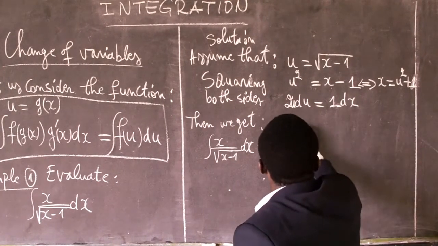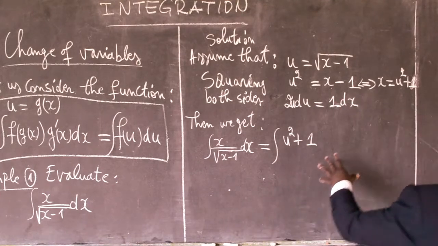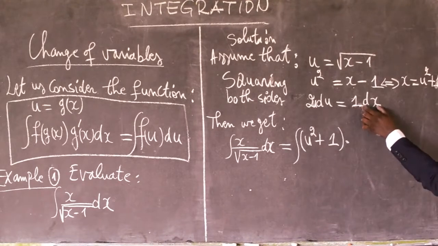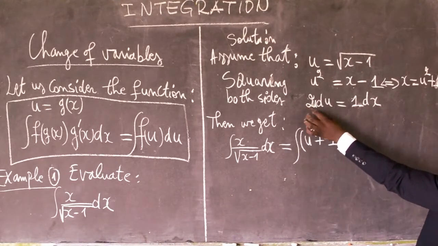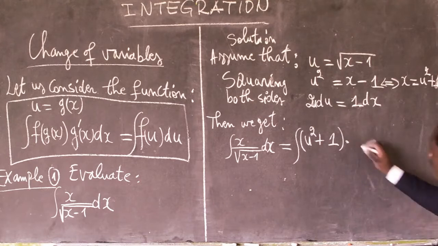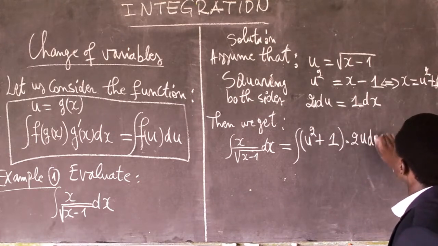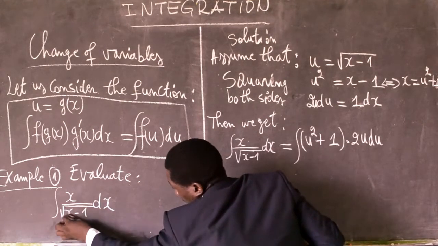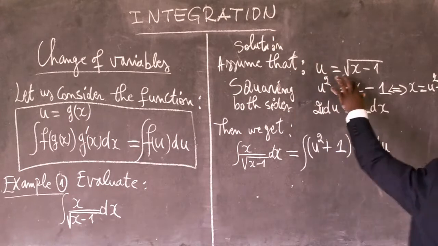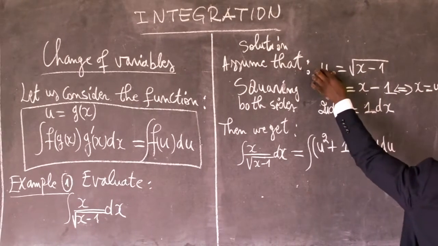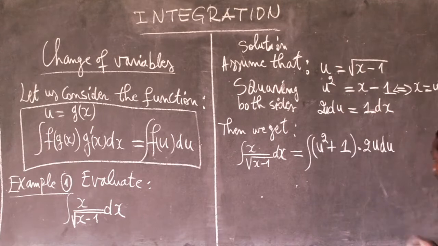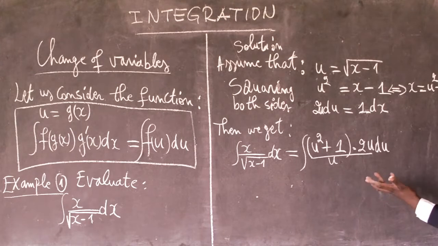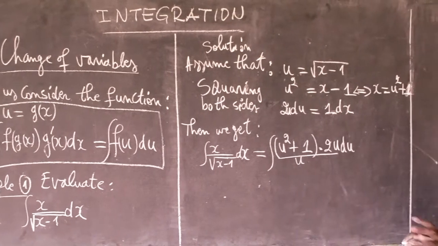Then we get u squared plus 1 times dx. Dx from here becomes 2u du. Then we need to divide by square root of x minus 1, which as we assumed becomes u. Then we divide by u. Okay? So from this step, we can simplify.